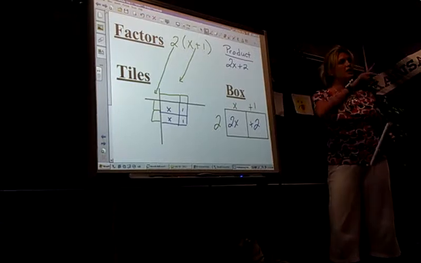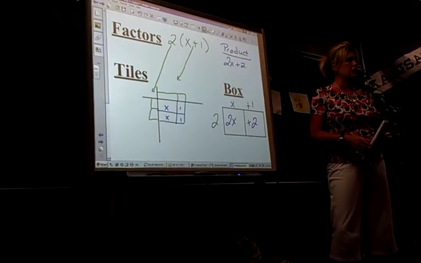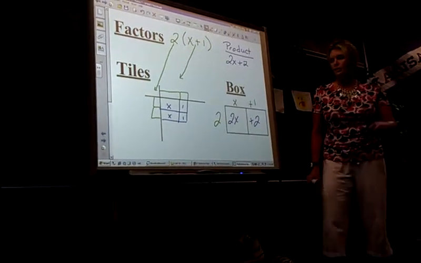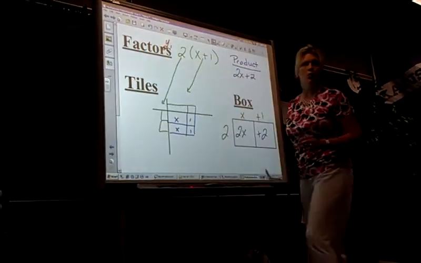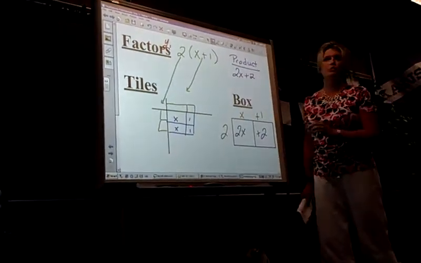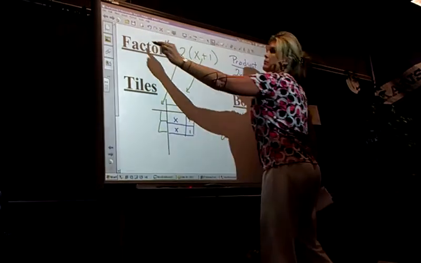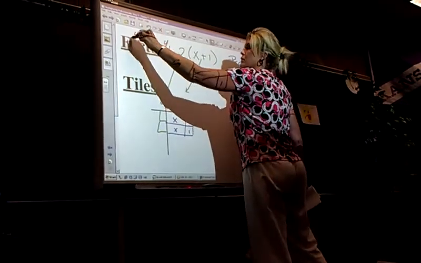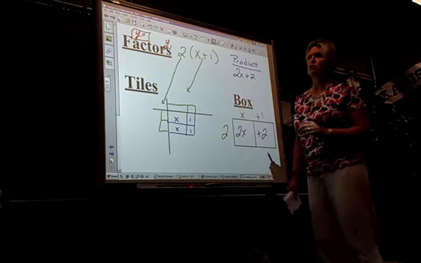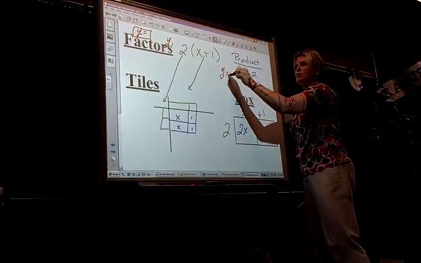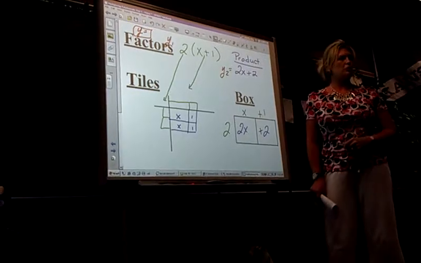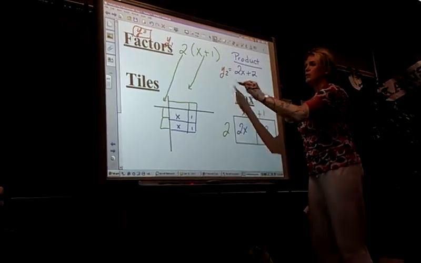Same thing. Now the only thing I haven't added in there is the calculator check. All of this can be checked in the calculator. Put the original problem into y1, right? You go to y equals in your calculator. So go to y equals, and in y1, put 2 parentheses x plus 1, and in y2, put what you think the product is.